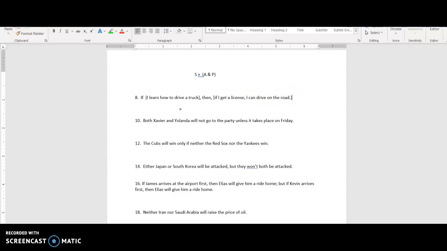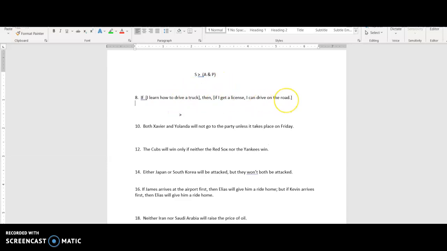All right. So start with the antecedent: I learn how to drive a truck. Let's call that D. Your letters that you pick might be different. It's not a big deal as long as your symbolization key is written out. Okay, that's our antecedent. Our consequent now, notice, is itself a conditional.